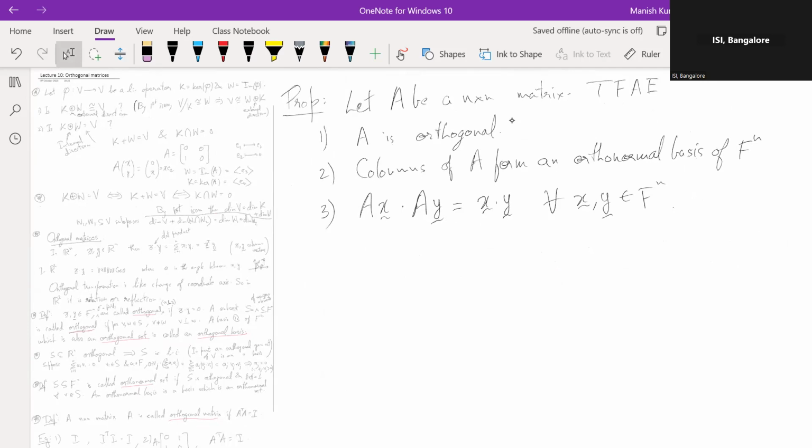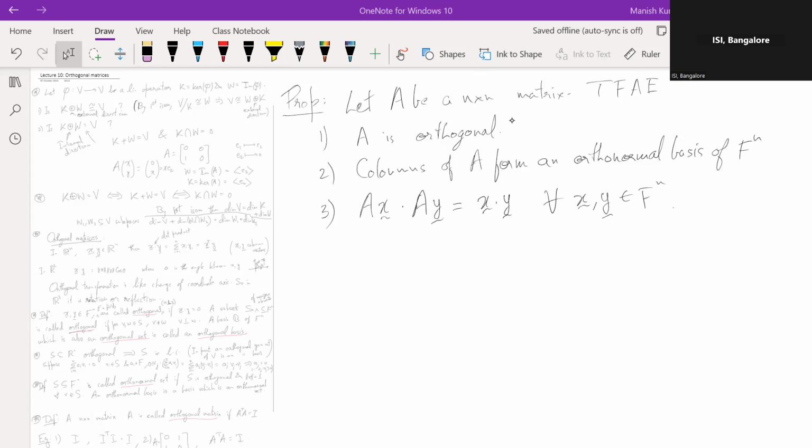The first proposition: given an n cross n matrix A, it is orthogonal if and only if the columns of A form an orthonormal basis of Fn. Another characterization: consider AX and AY; the dot product doesn't change. If AX dot AY is the same as X dot Y for all X and Y, then A is orthogonal.